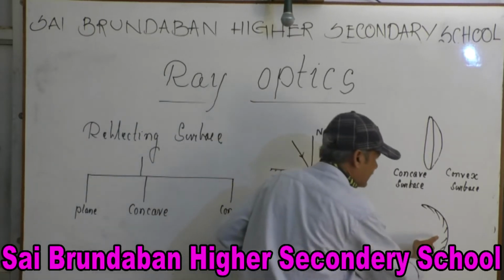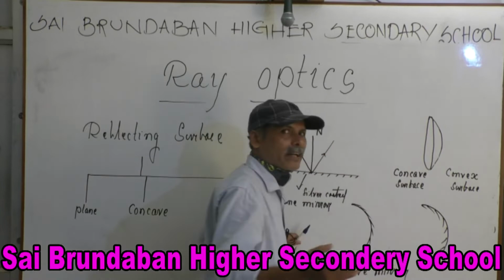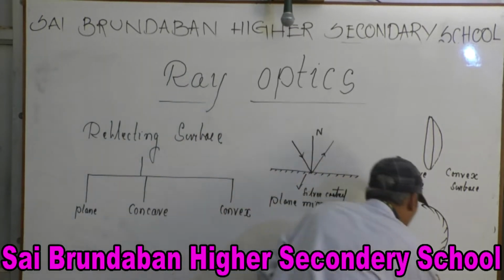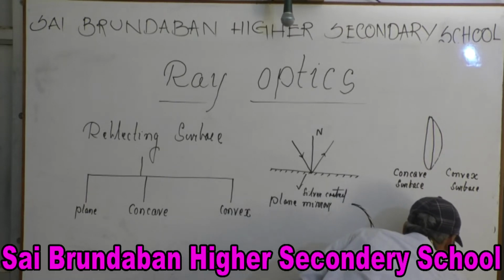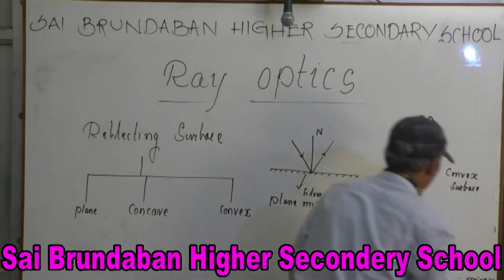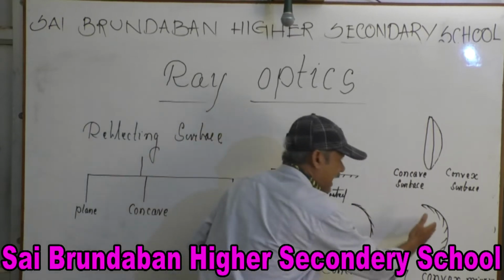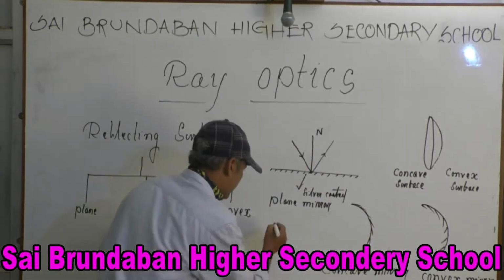In this case the convex side is the reflecting surface. So this mirror you can say is convex mirror. The same mirror can be drawn in this way.